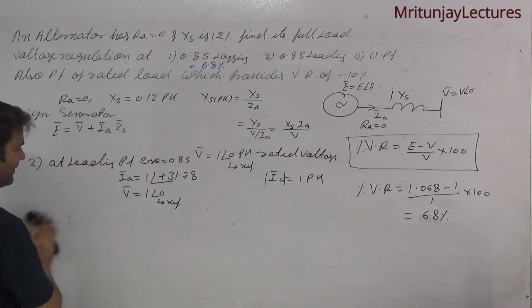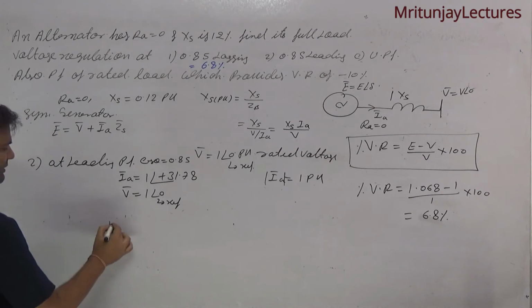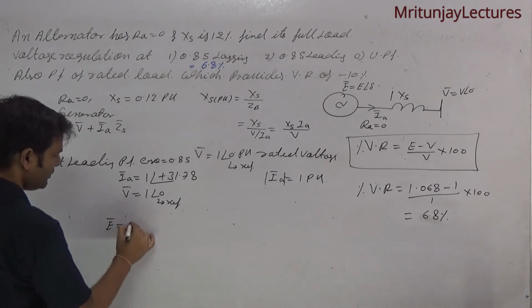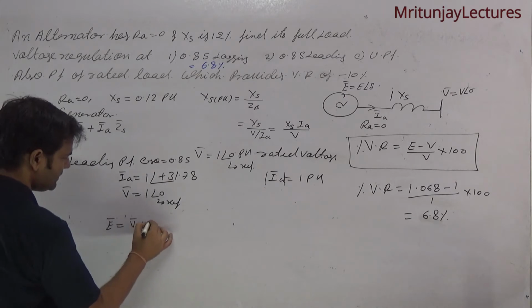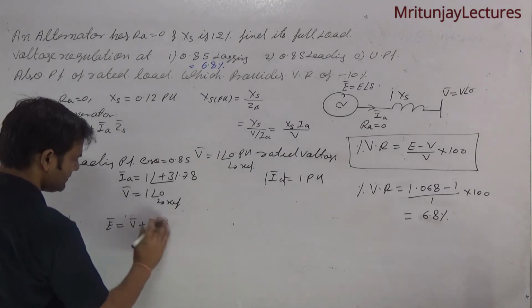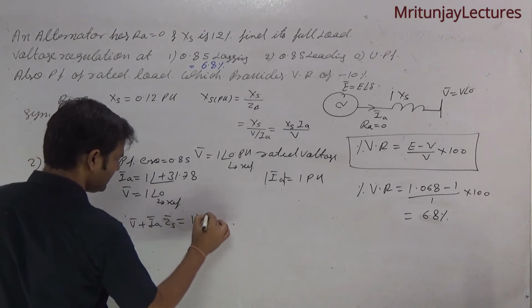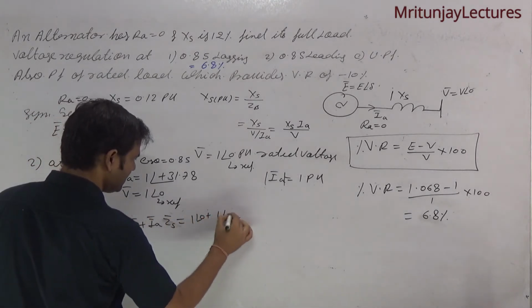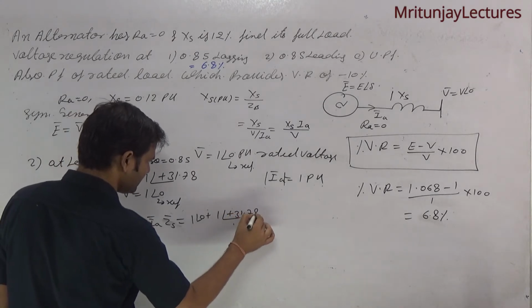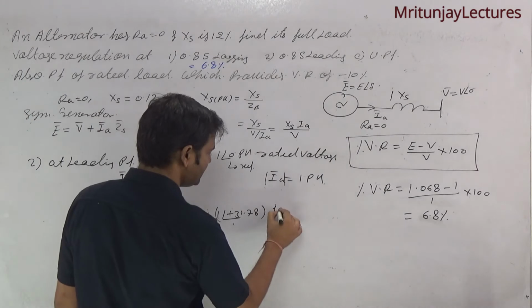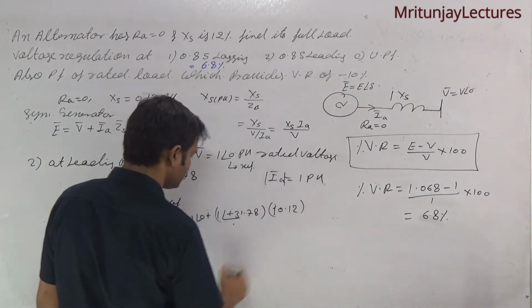So what about the excitation voltage? E will be equal to V plus Ia into ZS, that is, 1 at the angle 0 plus 1 at the angle plus 31.78 into ZS, which is j0.12.